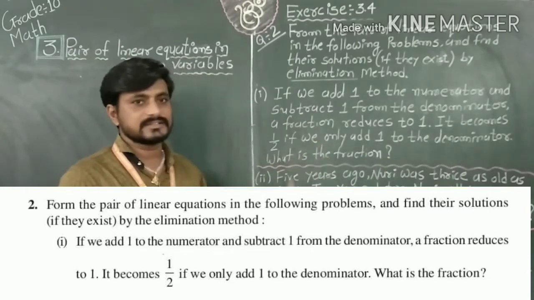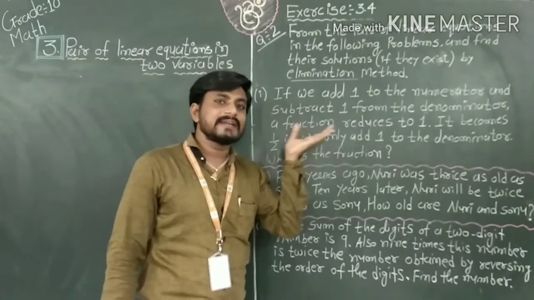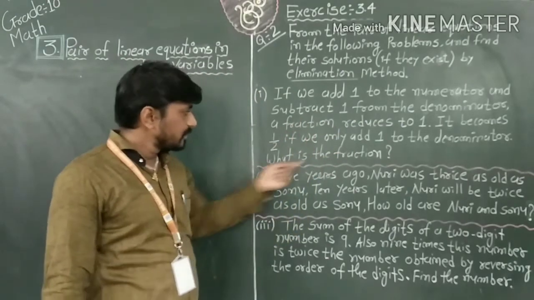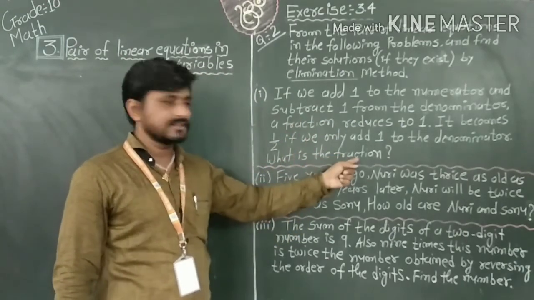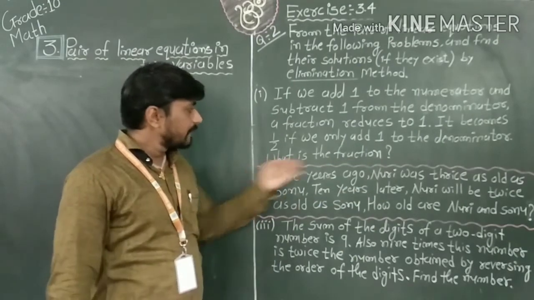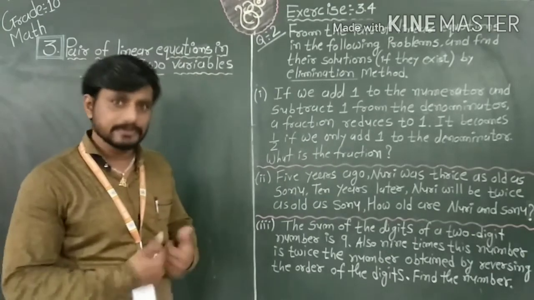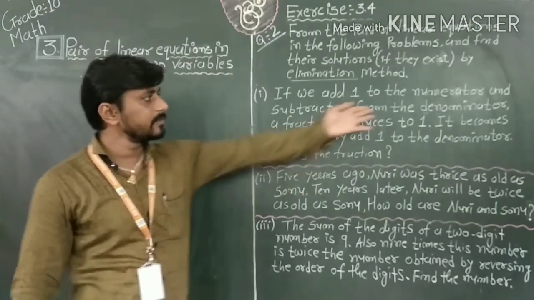What is the fraction? In this word problem, what is our main target? We want to find the fraction. So first of all we let our fraction be x upon y. That means x is the numerator and y is the denominator.